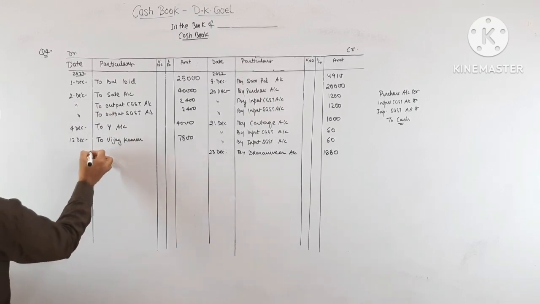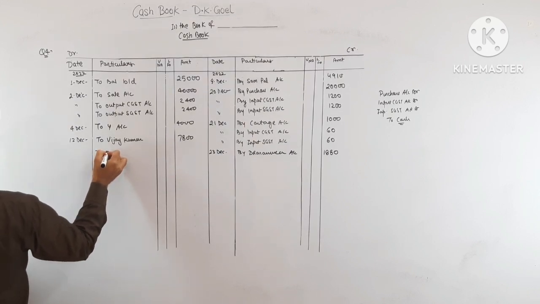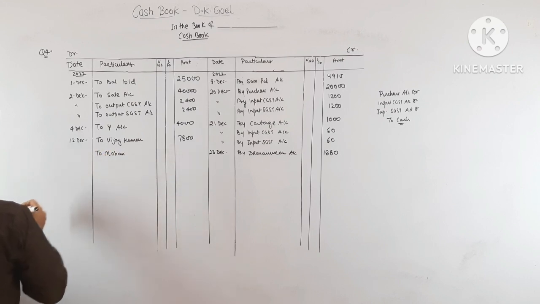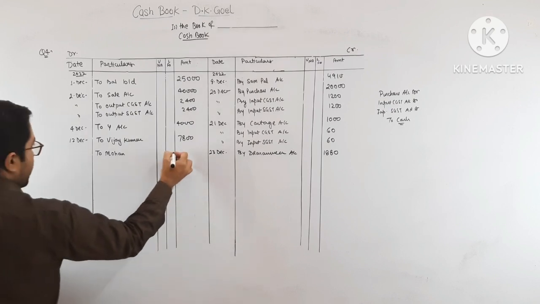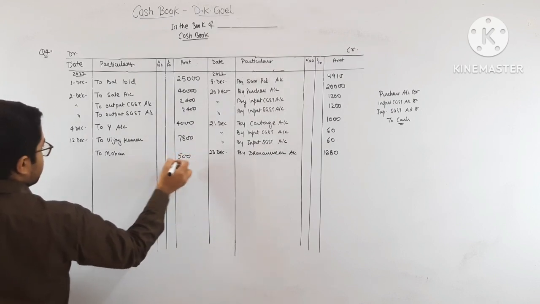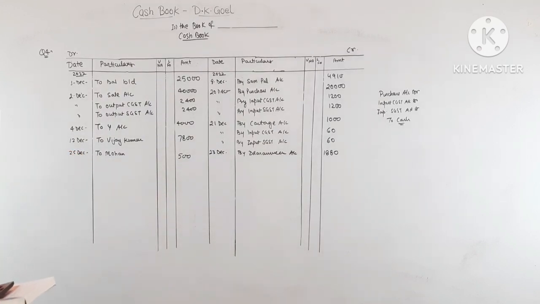So when we receive something, we will write here To Mohan. How much? 500. 25 December. Clear? 25 December.